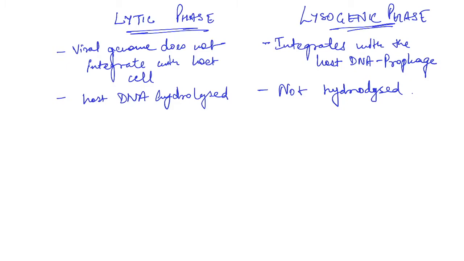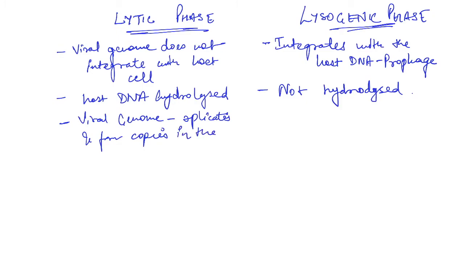Then the third difference is in the lytic phase, the viral genome, or the viral DNA, replicates, right? And basically it forms copies in the same host cell. So here the host cell is not dividing. Okay, the genome replicates and forms different copies.